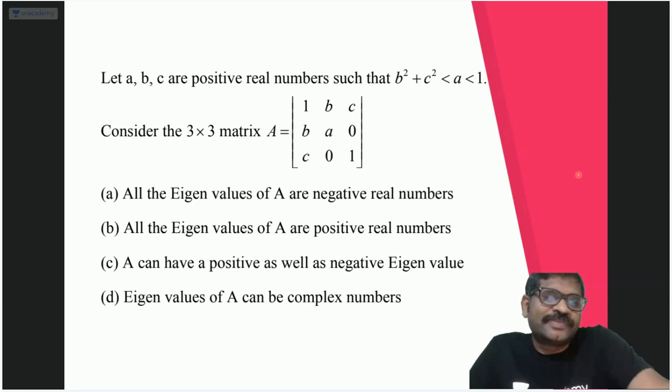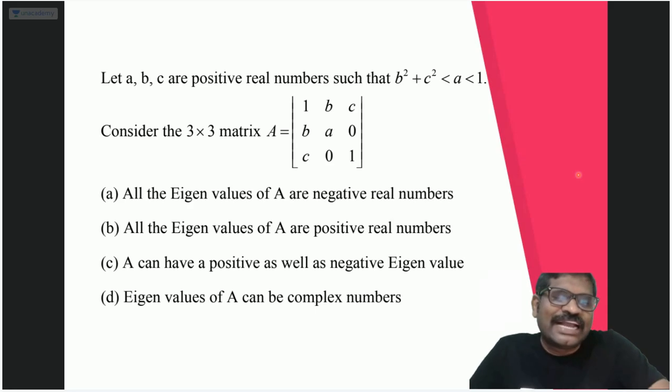Let A, B, C be positive real numbers such that B square plus C square less than A less than 1. Consider the 3 cross 3 matrix.